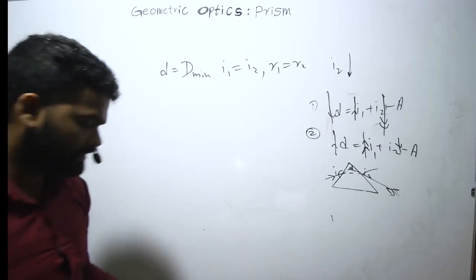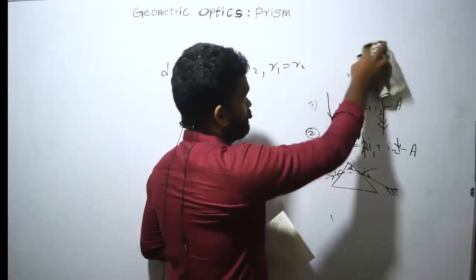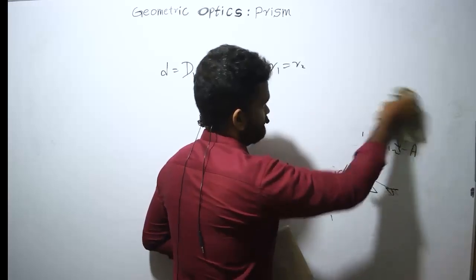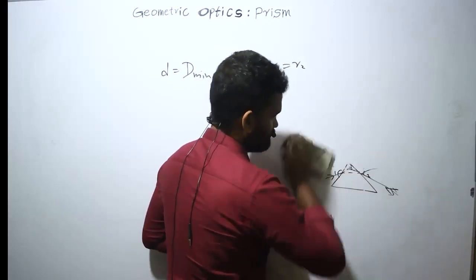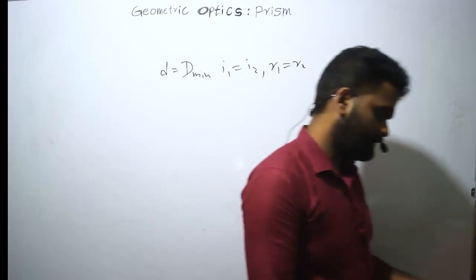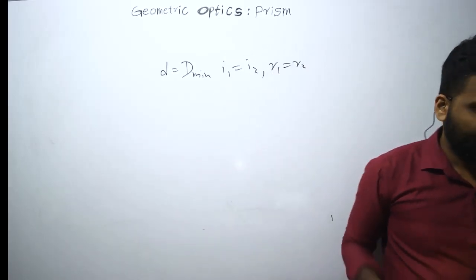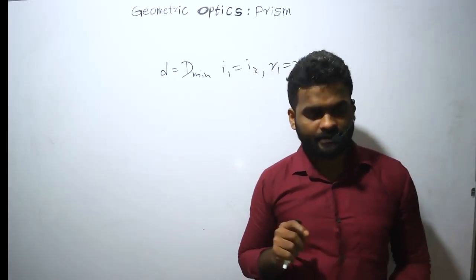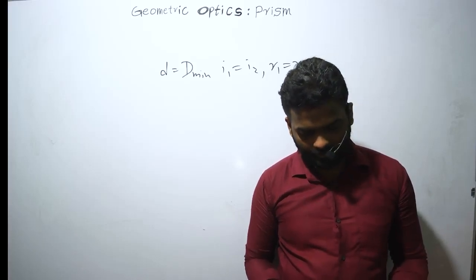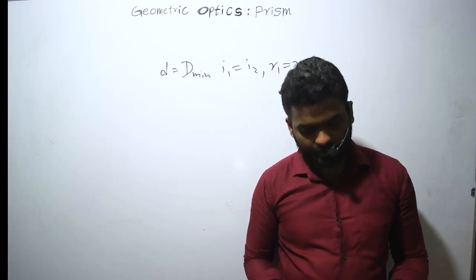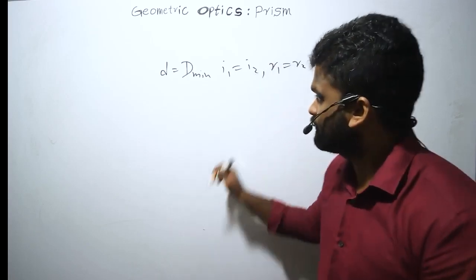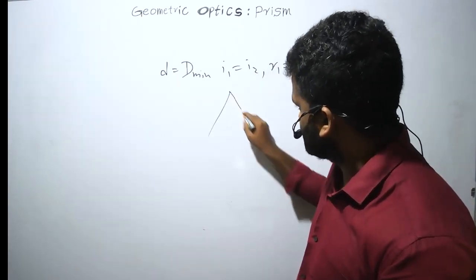Hence, the ray moves through the prism symmetrically. You can understand that, right?